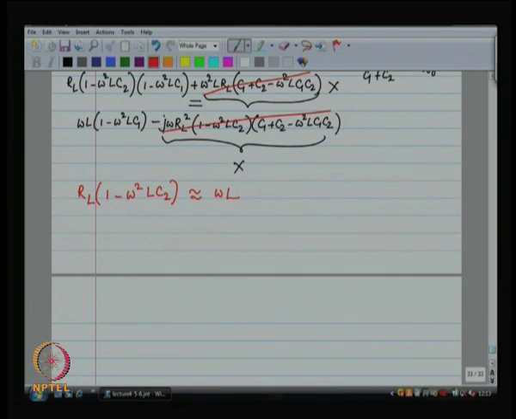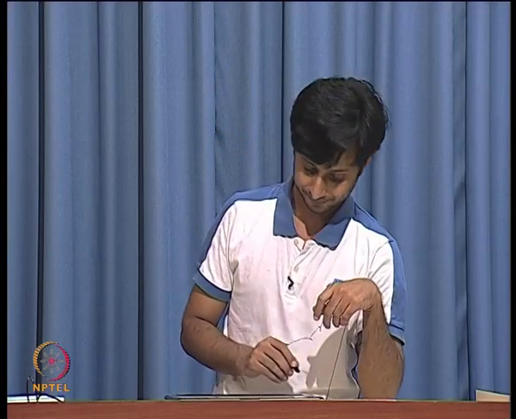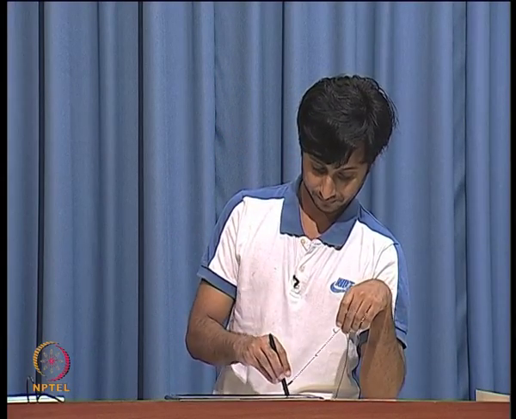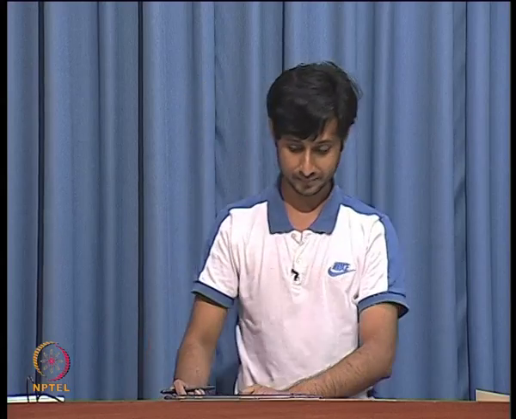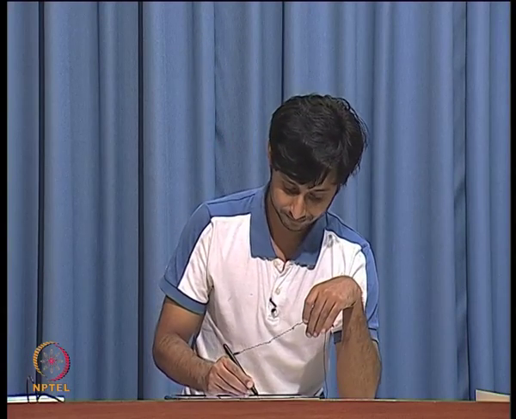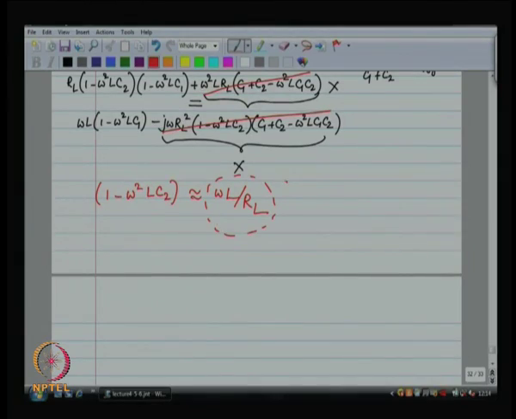So, what does that mean? Can we find out omega? Does this remind you of something? Yes, it does remind us of something, that is the Q of the network.